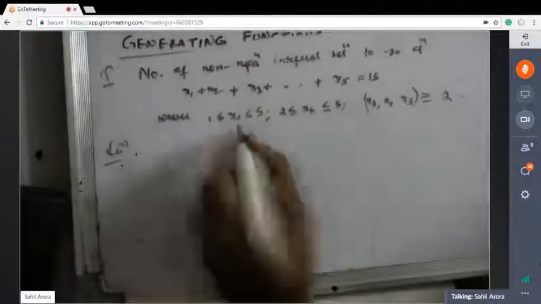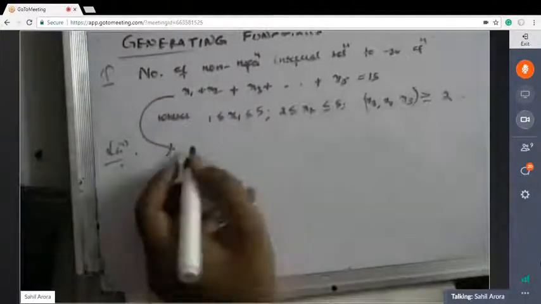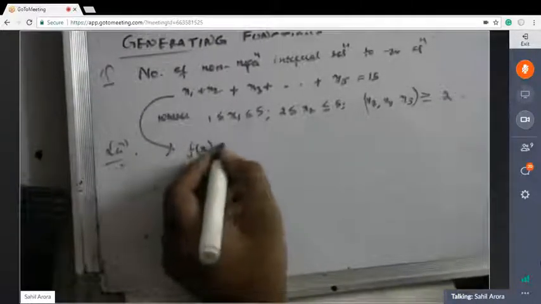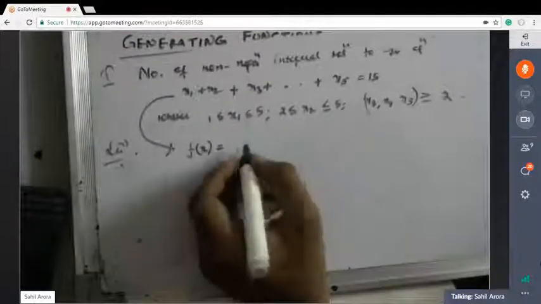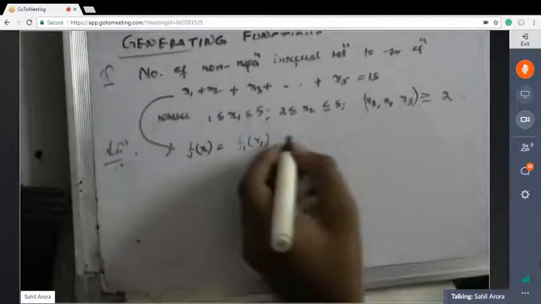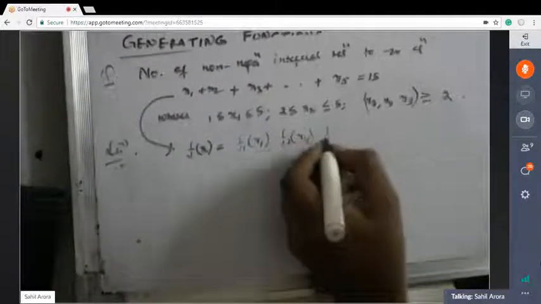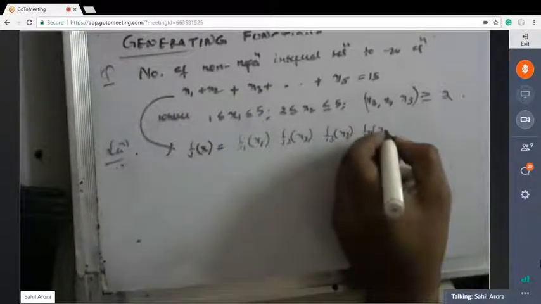Solving this is actually the same as saying, let us say the generating function is f of x. Then the solution for this question is the product of the generating function due to x1, into the generating function due to x2, into the generating function due to x3, similarly for x4 and x5.